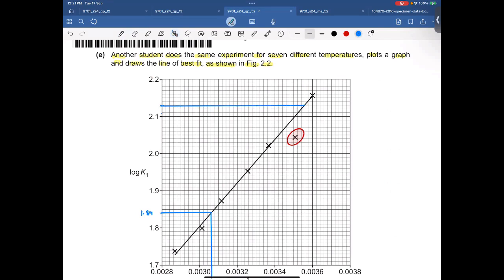This is going to be 2.13. And this is going to be 0.00356.